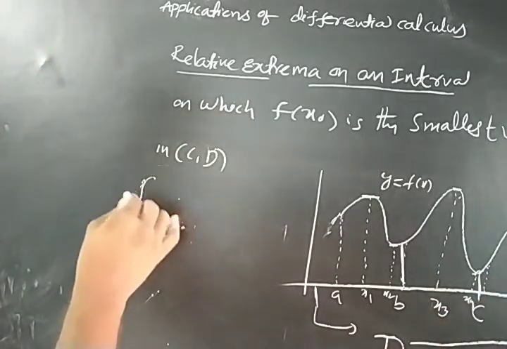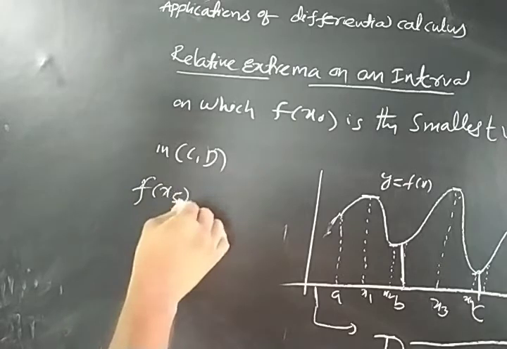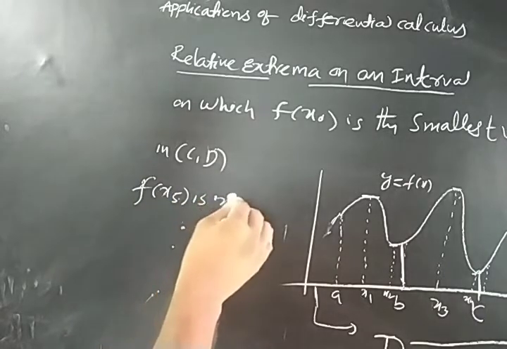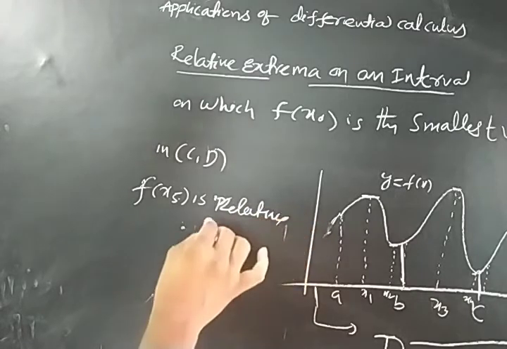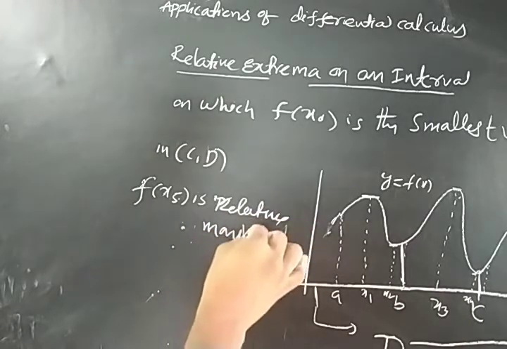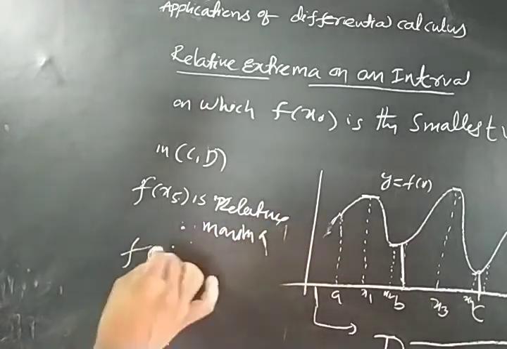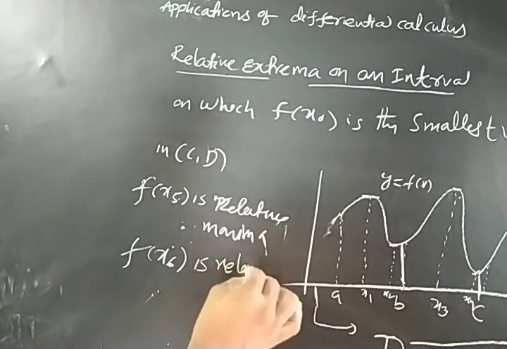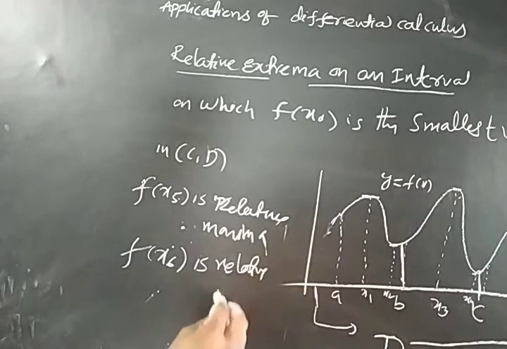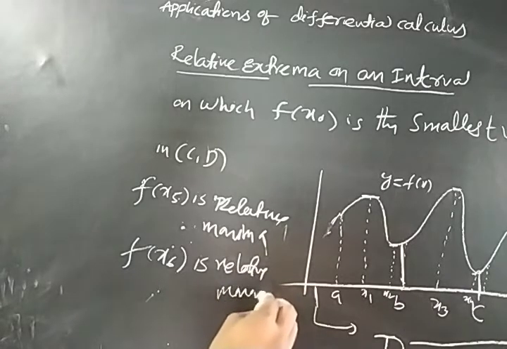So f of x5 is local relative maxima, and f of x6 is relative minimum. Okay.